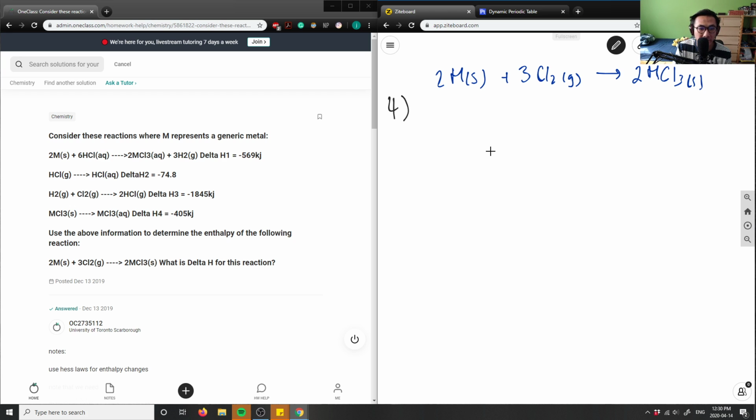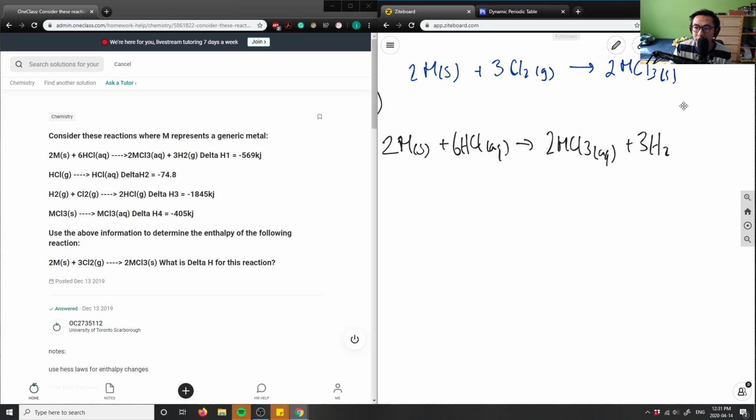So we have 4 chemical equations we can look at. So this is 2M solid plus 6HCl aqueous yields 2MCl3 aqueous plus 3H2, and the enthalpy of this reaction would be delta H equals negative 569 kilojoules.